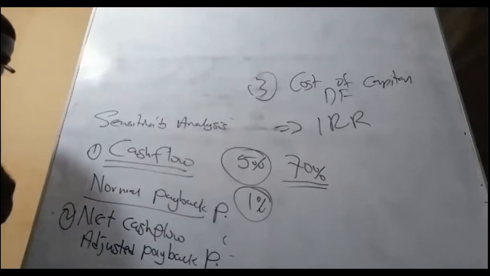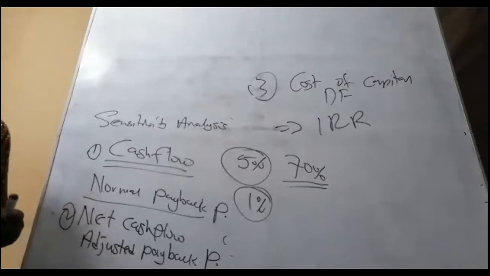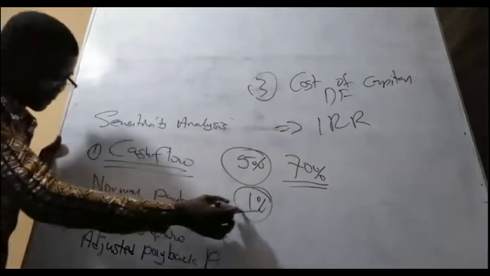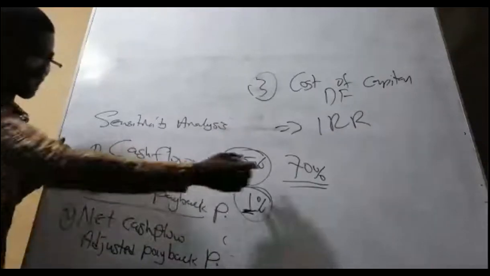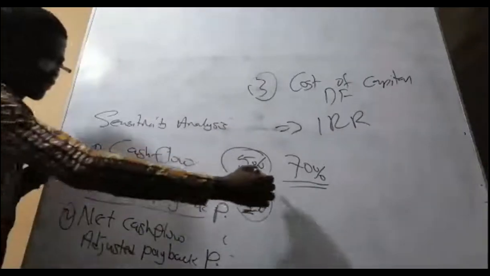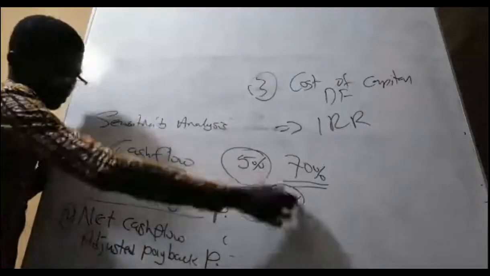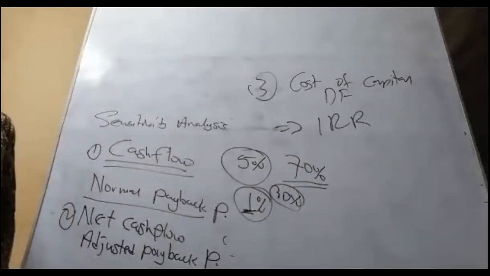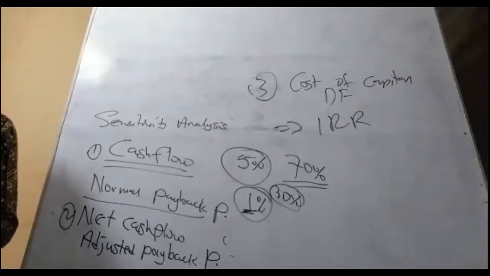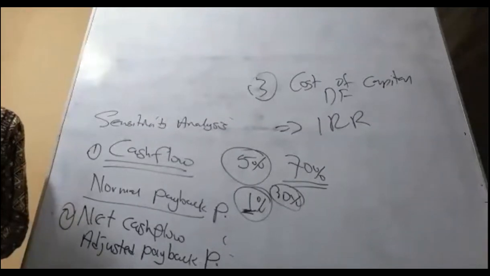It just explains how sensitive. The lower the figure, the higher the sensitivity. The higher the figure, the lower the sensitivity. Like here, if you get 1%, it's highly sensitive. If you get 70%, or even 30%, it's not sensitive. That means you have to make changes of up to 30% before the NPV will respond.